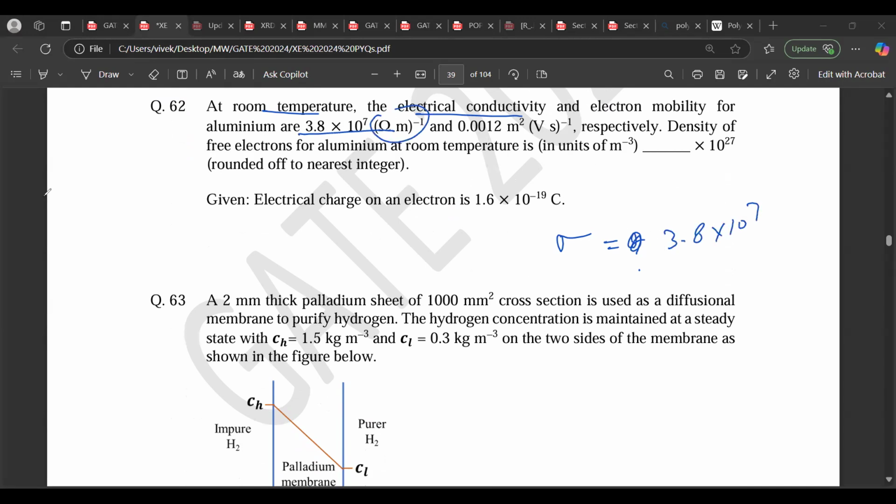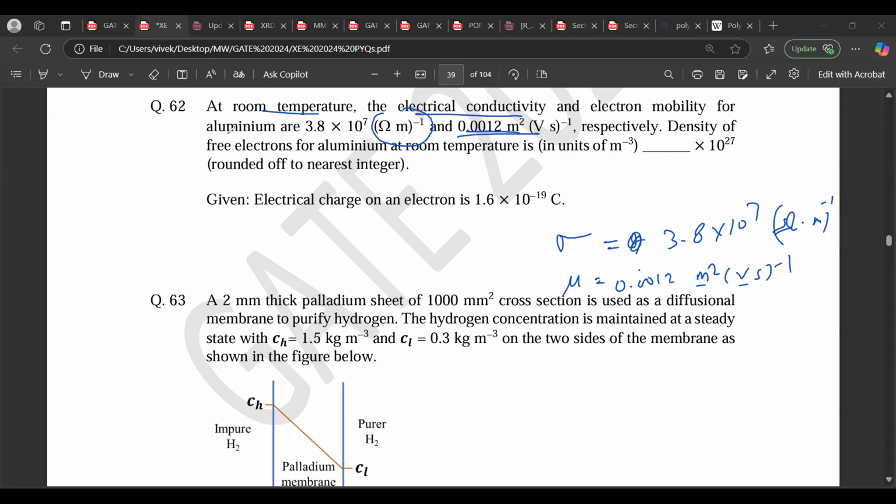If you cannot focus on units, you may make a blunder. Just check in what unit each is given: ohm and meter, all SI units, so ohm meter inverse or mho per meter. Your mobility is given as 0.0012 meter square per volt second. Everything is in SI unit.